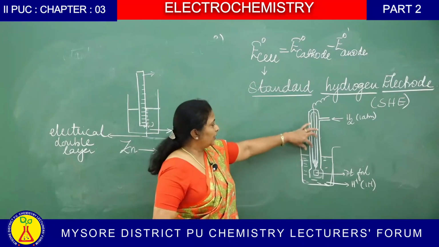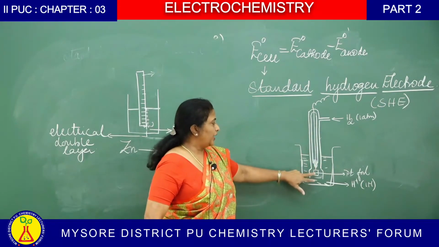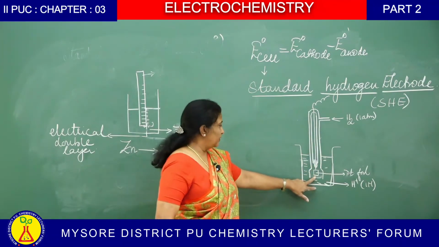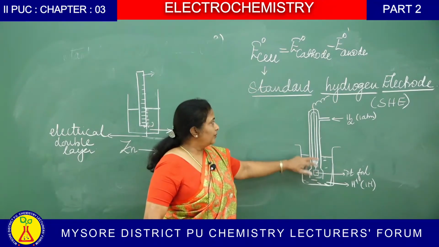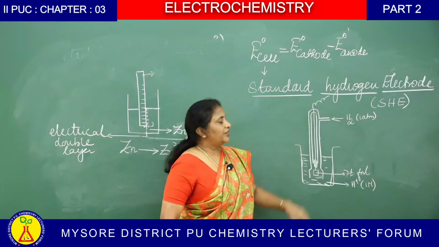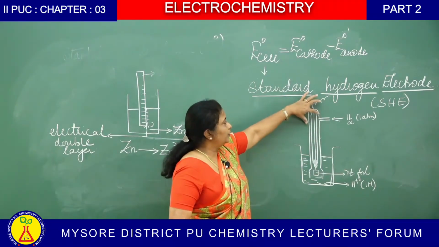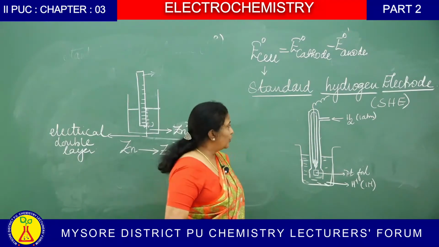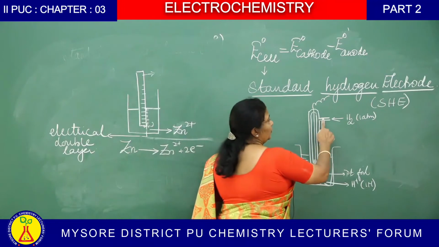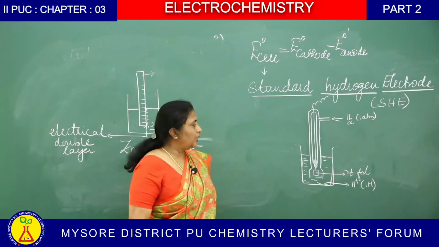To the inner glass tube you have the platinum wire, and to one end of the platinum wire you have a thin platinum foil which is coated with platinum, and this copper wire forms the external contact. The inner tube is covered by an outer tube, and that outer tube has an inlet through which hydrogen gas can be passed.